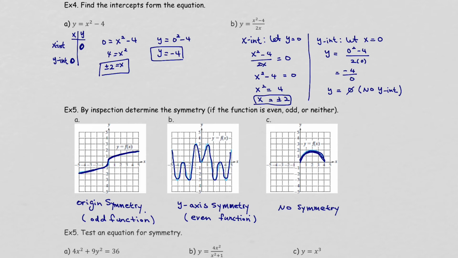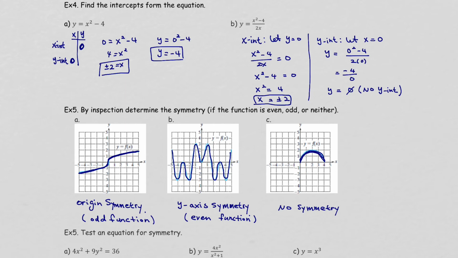So if I have a circle that looks like this, where if you fold the x-axis your first quadrant graph matches the fourth quadrant, this is going to be x-axis symmetry. But again, that wasn't there before, right?